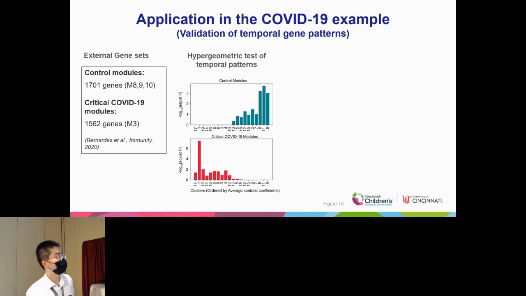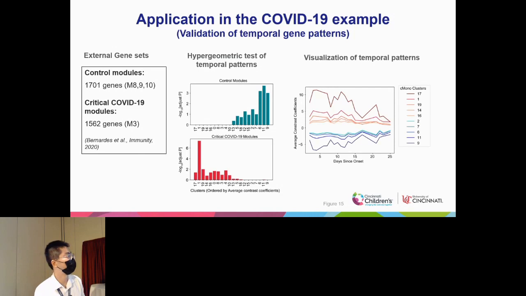And the conclusion here is that our temporal patterns that are more upregulated are more associated with critical COVID-19 modules in the external literature, and our more downregulated patterns are more associated with control modules.